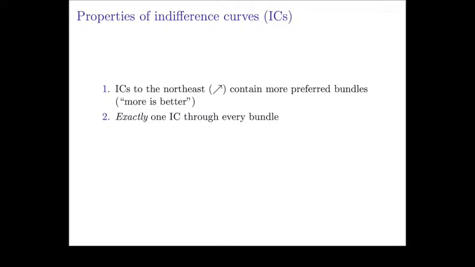We also know that there's exactly one indifference curve through every bundle. We'll see that indifference curves can't cross. Indifference curves have to slope downwards. They can't be thick. So let's see why this is the case.